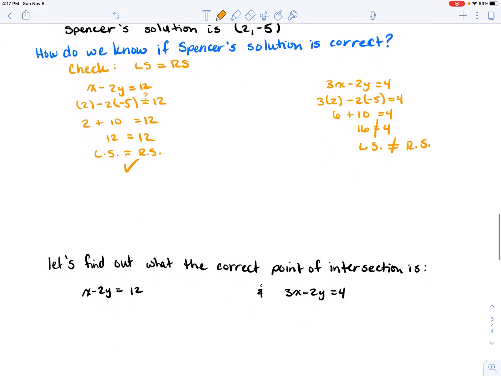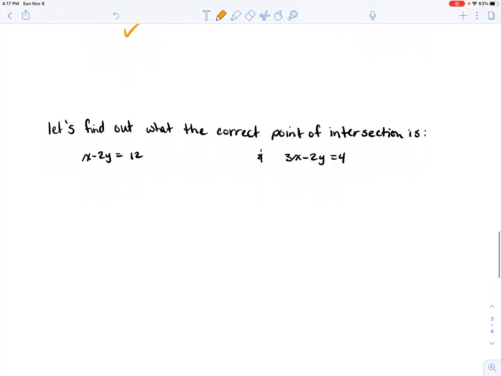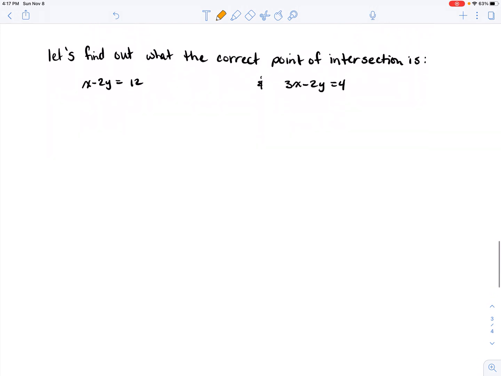So let's find out what the correct point of intersection is. So how are we going to do this? The first thing I'm going to do is rewrite this equation here so I have x isolated on the left side of the equal sign.